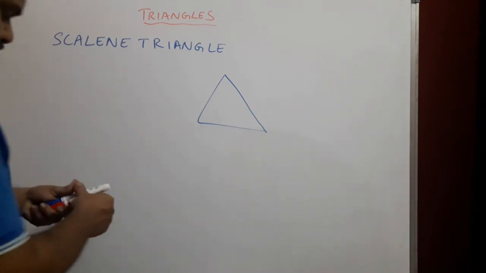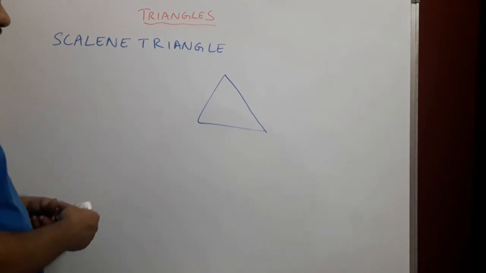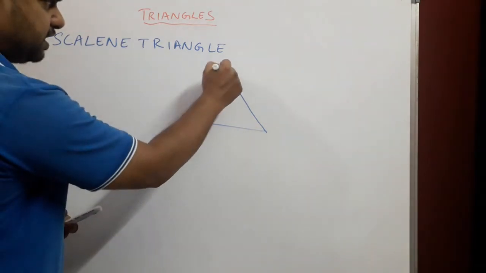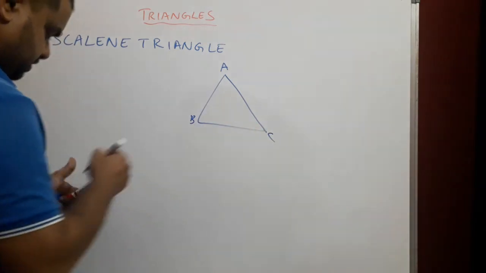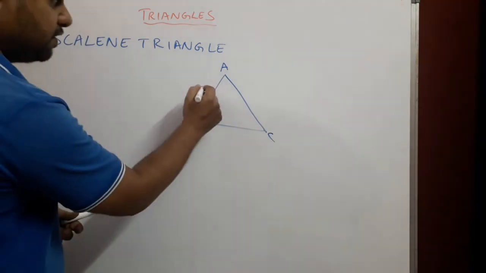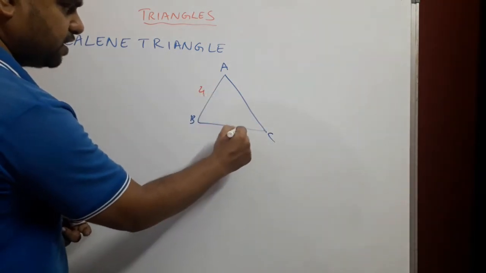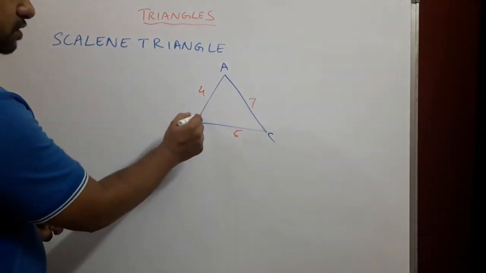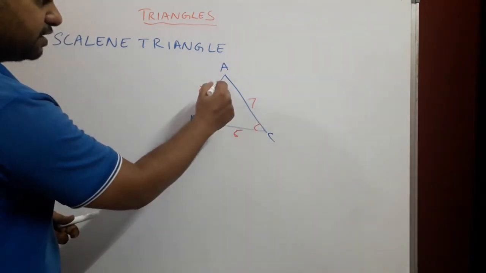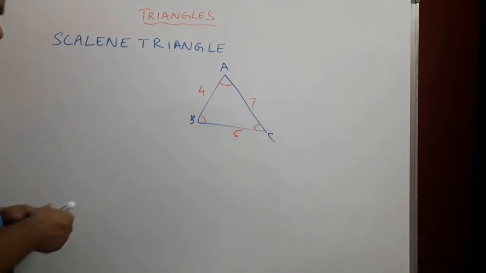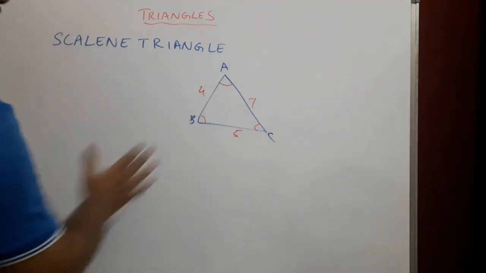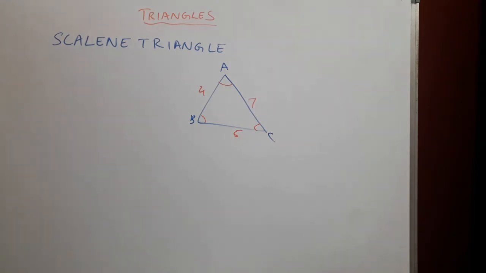So if we mark this as A, B and C, then we could have something like 4, 5 and 7. And so also the angles will vary. They will have different angles, but the sum of all angles of this scalene triangle will come to 180 degrees.